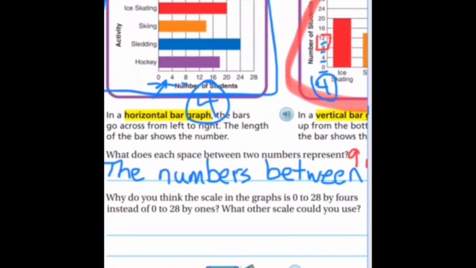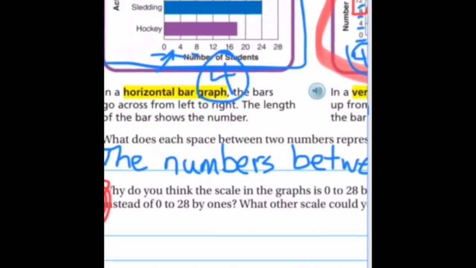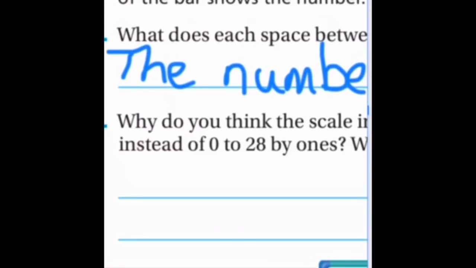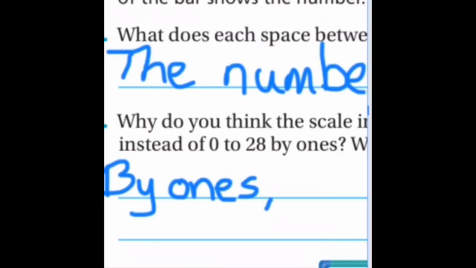And question number 5, right here, why do you think the scale in the graphs is 0 to 28 by 4s instead of 0 to 28 by 1s? Well, just like before when we've talked about scale, if we did it by 1s, I'll write that down even, by 1s, the graph would be way too big, right?